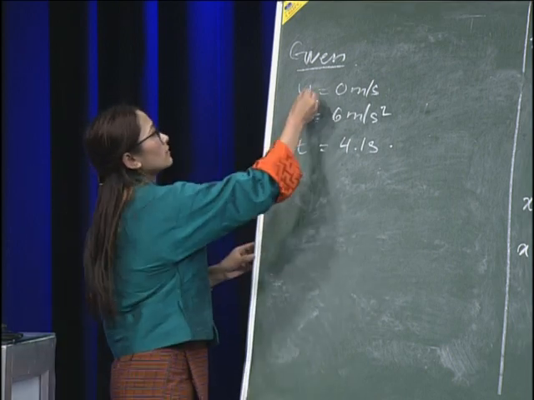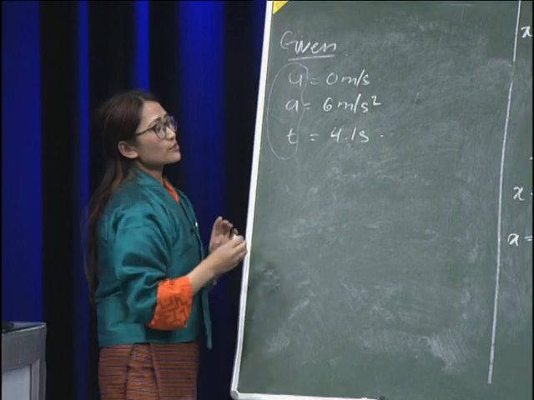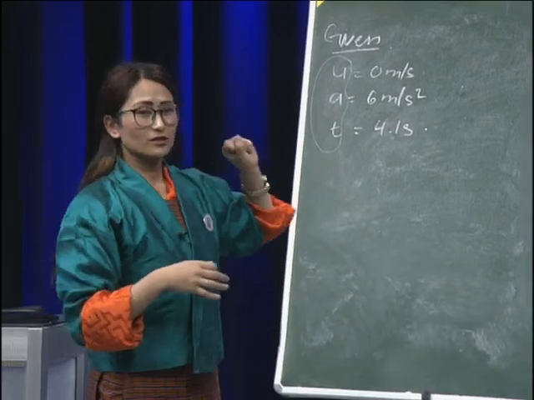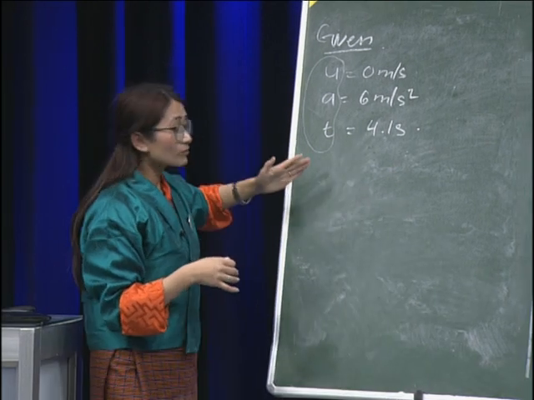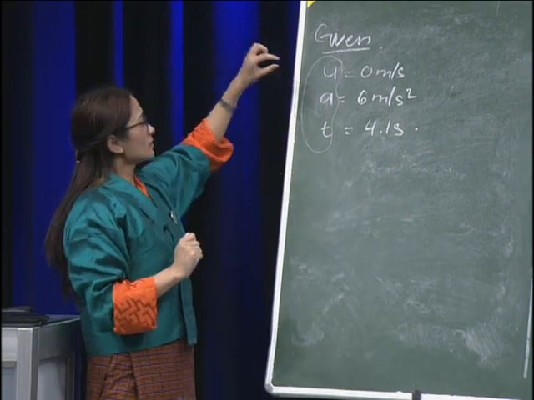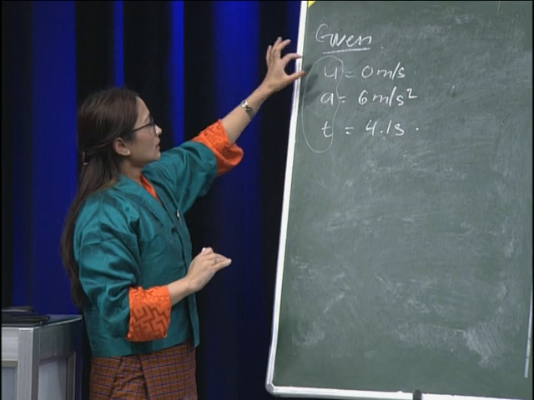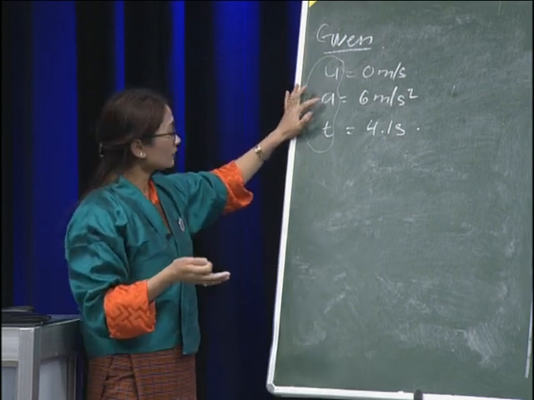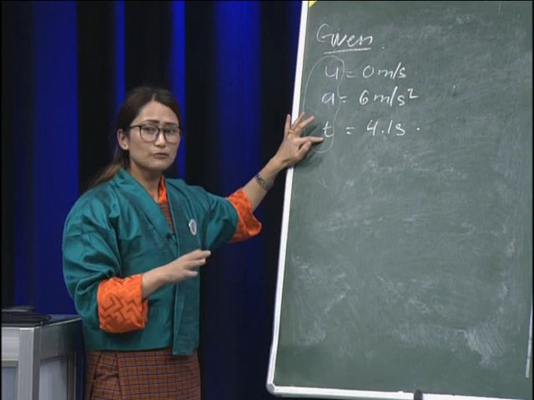So which equation of kinematics should be used in this question? Just look at the quantities. What are the quantities given? The initial velocity, the acceleration, and the time taken.